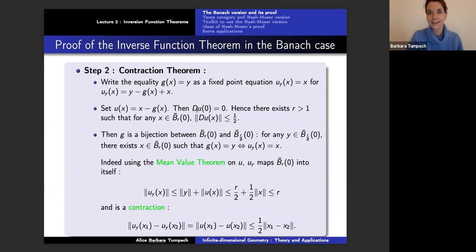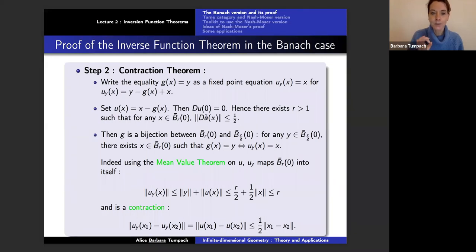So there's this operator norm of du. We know that at 0, du is 0. So in a neighborhood, the norm of du(x) is less than, say, 1/2.